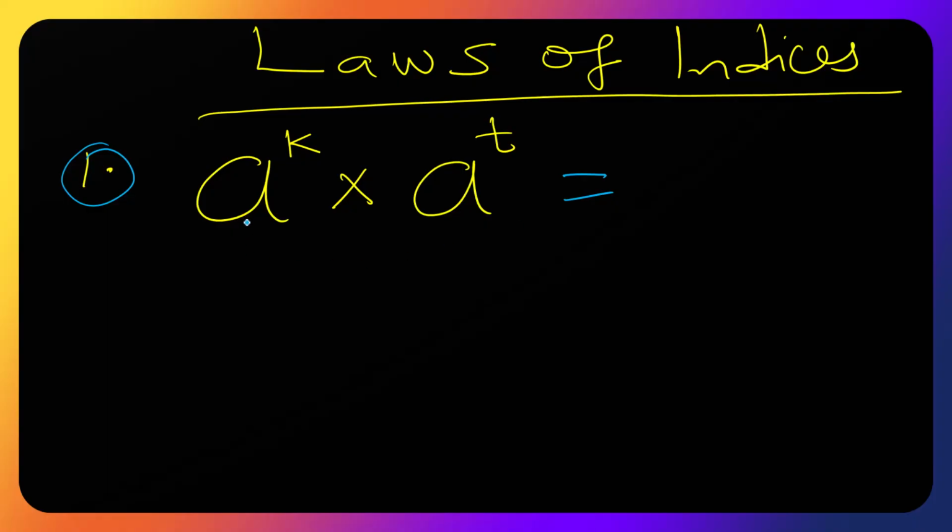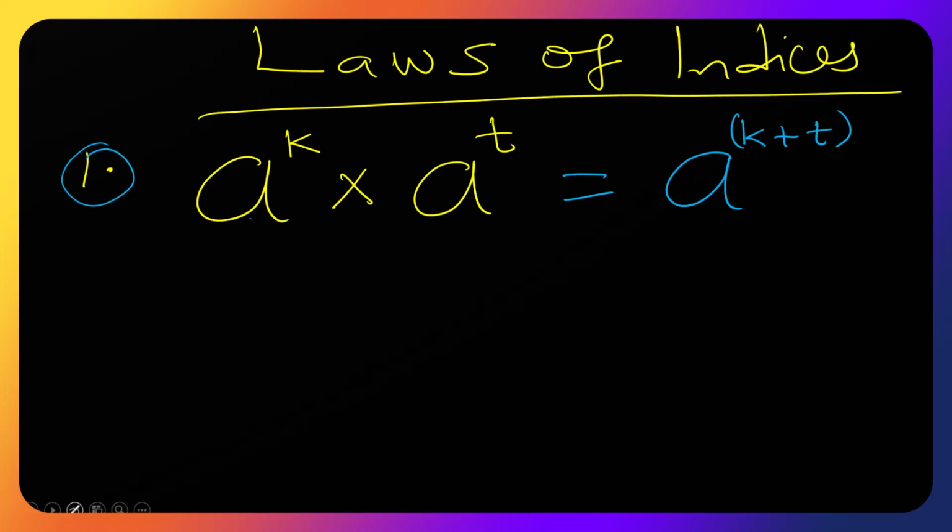We have A here, we have A here. Once the bases are the same, we can apply the laws. The first law says that when the bases are the same and they are multiplying, we pick one of the bases and we add the powers. So we have K plus T. This is K, this is T, so we add them here.